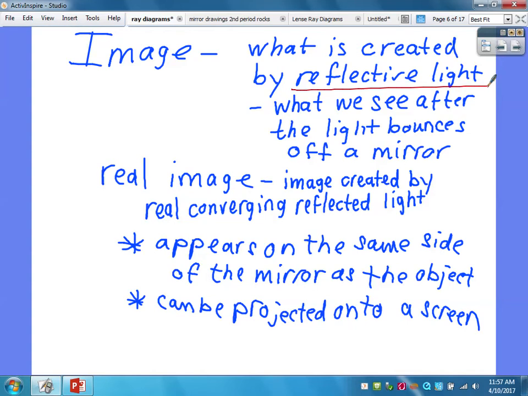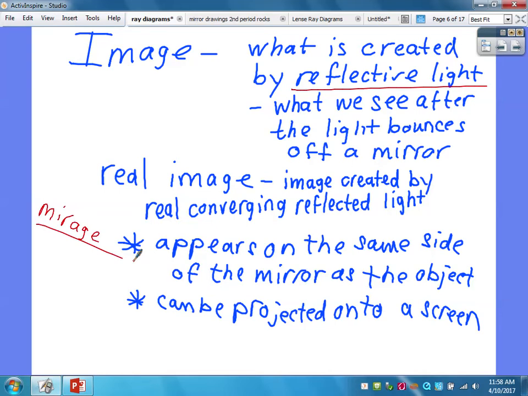We can have two types of images. One is called a real image. All right? And it turns out you probably haven't seen too many real images. An example of a real image is a mirage. Okay, a mirage, a picture being basically reflected off the air molecules, the water molecules in the air.